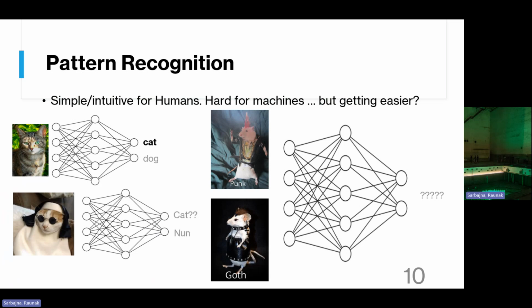But a human, you don't have to think much. You look at this image and you can tell that this is a punk rat and a golf rat, right? There's no long processing time going on in your brain. For a deep learning model, I'm telling you this because I tested it on a couple of different models.